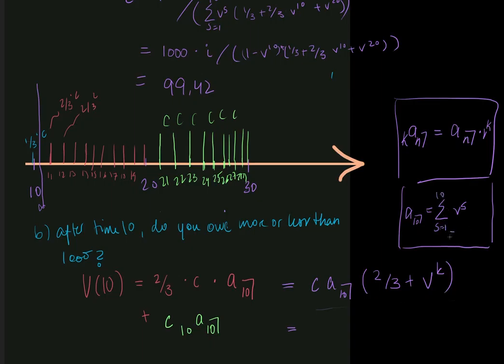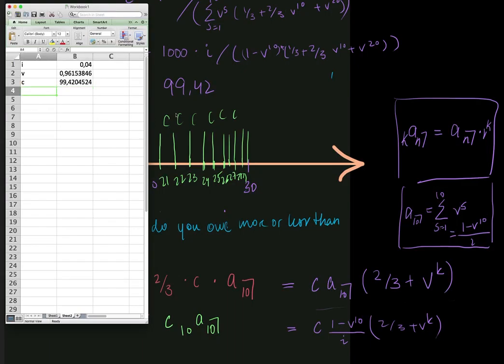And that is again the same as 1 minus V to the 10 divided by I. Well, then we just have C multiplied by 1 minus V to the 10 divided by I, multiplied by 2/3 plus V to the K. So the amount I owe after time 10 is given by this thing here.